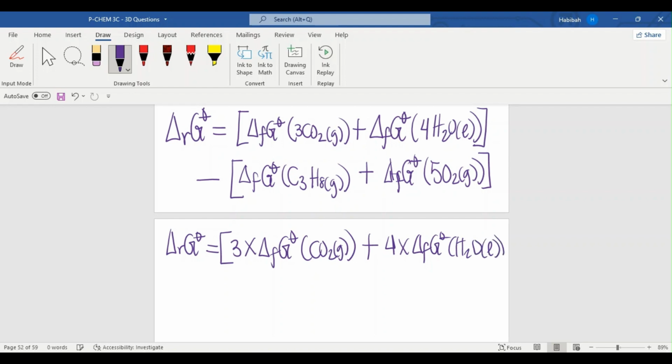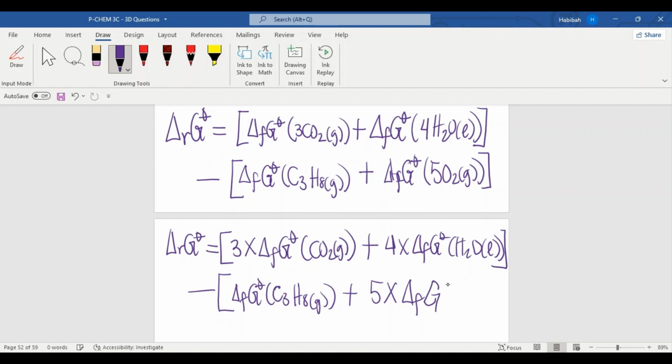We want our work to be very neat and easy for you to understand. Here the coefficient is one, so we just rewrite the Gibbs energy of formation for propane gas, C3H8, plus five times the Gibbs energy of formation for the last reactant, O2 gas.